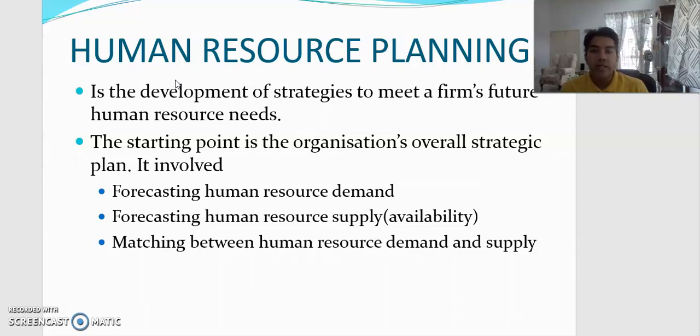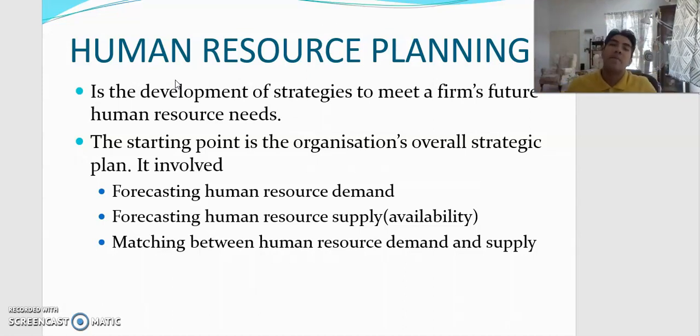So you have a demand, that your organization has 2 demands for that particular position. So the next part is for you to identify the supply for these positions. Where should you go fishing? Whether it should come from newly graduated students, or you should go for experienced employees that you can obtain from your competitors. So this is the part of demand and supply, and you need to match between demand and supply.